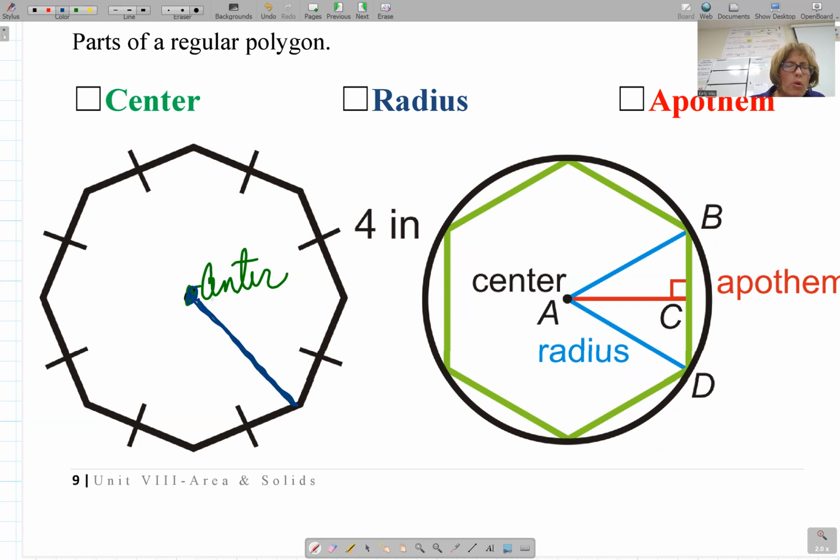Center to corner is a radius. And connecting the center to the midpoint of a side is a segment we call the apothem.